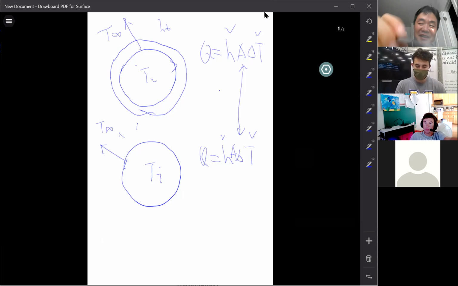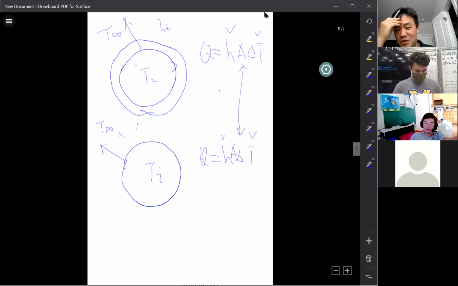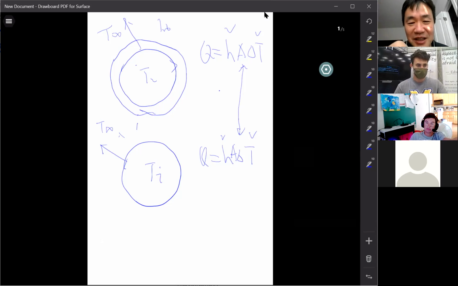So if this insulation is totally terrible, is nothing, k equal to 0, then the upper case actually has more heat transfer than the lower case. But the good thing is, because we have insulation here, this has a k.